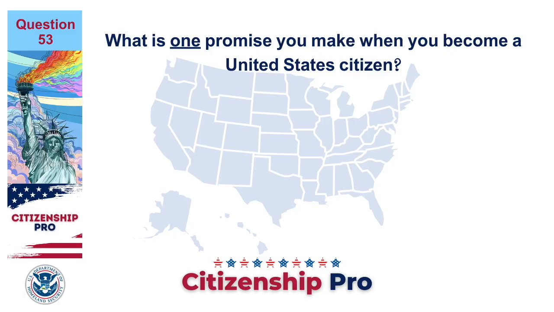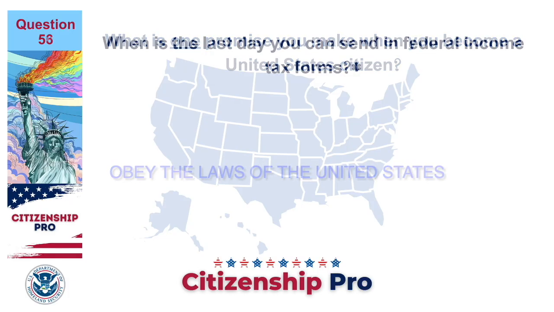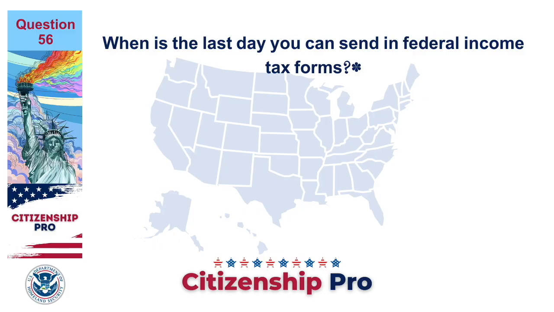What is one promise you make when you become a United States citizen? Obey the laws of the United States. When is the last day you can send in federal income tax forms?